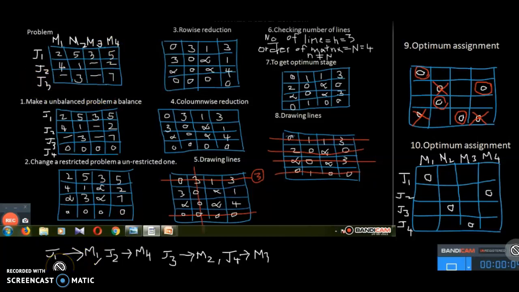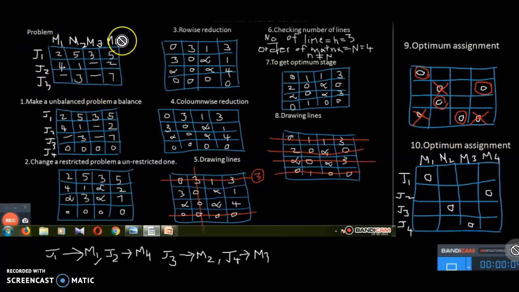Okay, so J1 will be assigned to the M1 machine, J2 will be assigned to the M4 machine, and J3 will be assigned to the M2 machine, and the last dummy job will go to the third machine. Okay, this is an optimum assignment. Why? Because this gives us a minimum assignment cost. Now look at that. If J1 is assigned to M1, we will get 2 rupees.